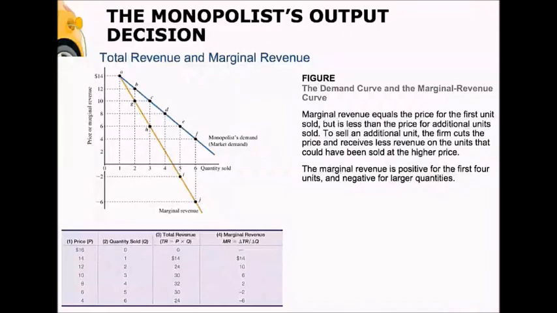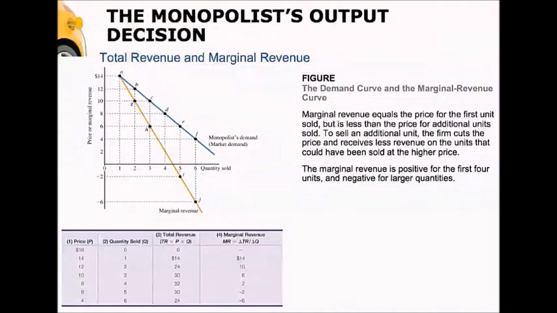So marginal revenue, the additional revenue you get from selling another unit, is always less than the price of that last unit. You get the price for the last unit that you sell. Here at point D, you get $8 for your 4th unit, but you have to reduce the price of all of the units that you were selling before.